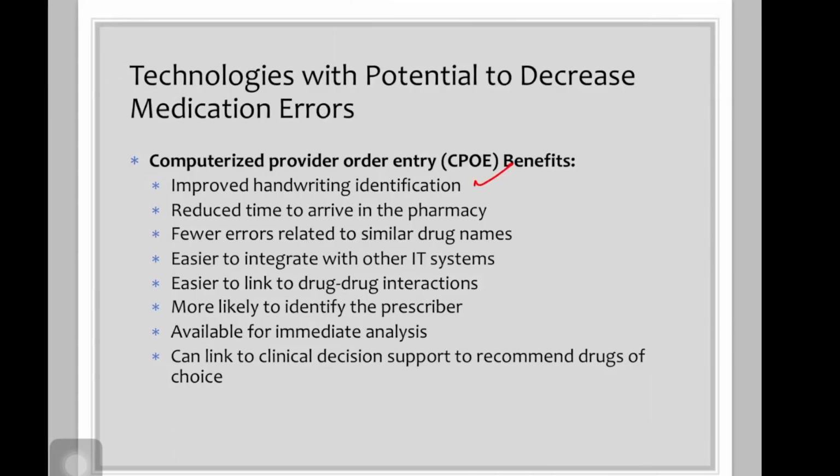It helps in reducing the errors with similar names, and it also helps in providing information such as drug interaction. So CPOE, we can say, is a tool that could reduce medical errors and improve patient safety and quality.